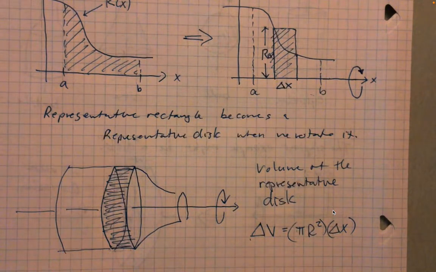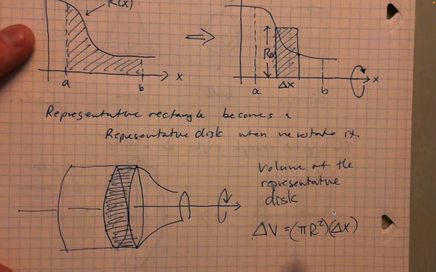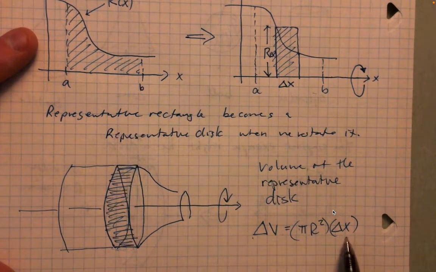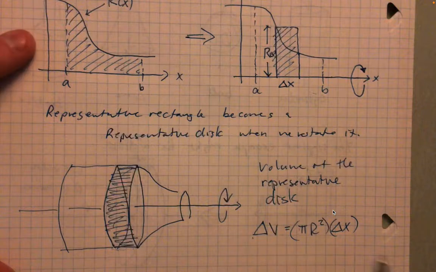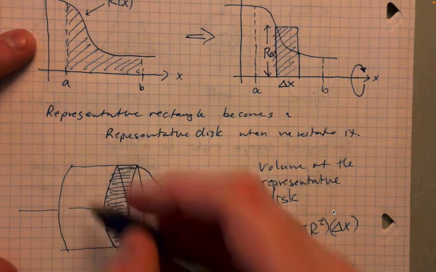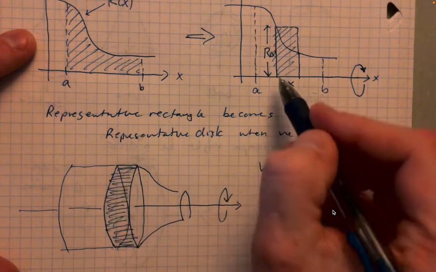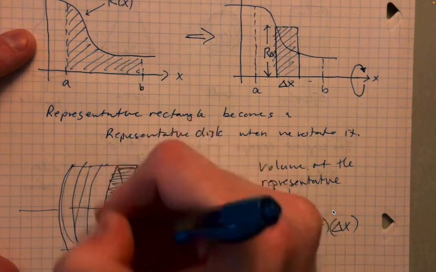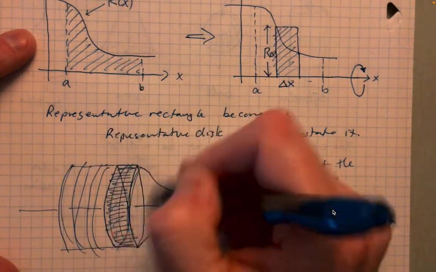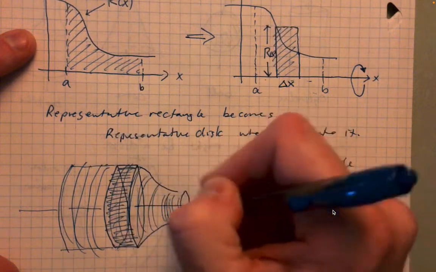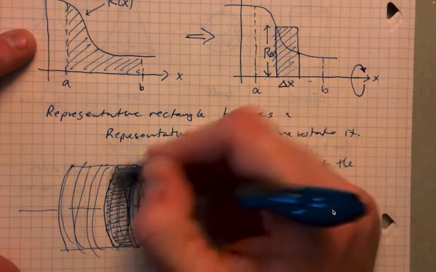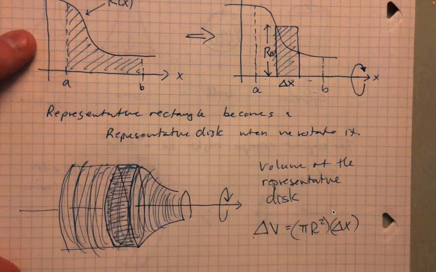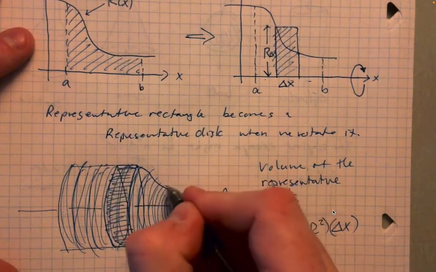All right, and so this is the construction. This is the idea behind the disk method. So you start with a representative disk like this, and then what you're going to end up doing is making this partition increasingly small, right? And the entire shape will, at the end, eventually consist of just an extremely large number of representative disks.